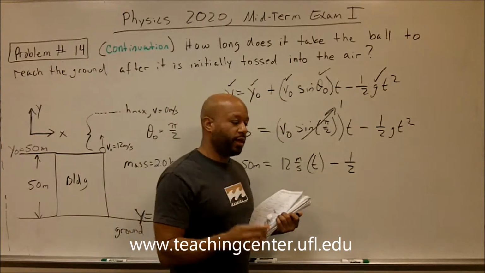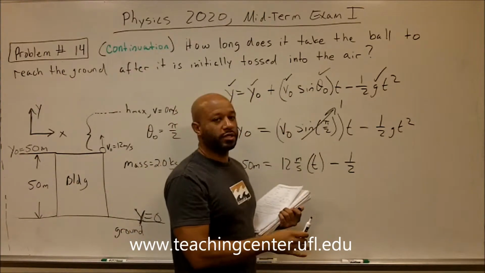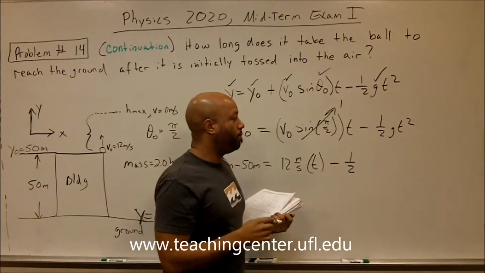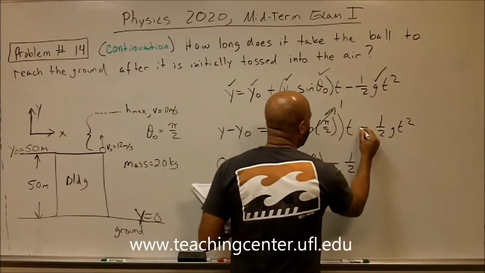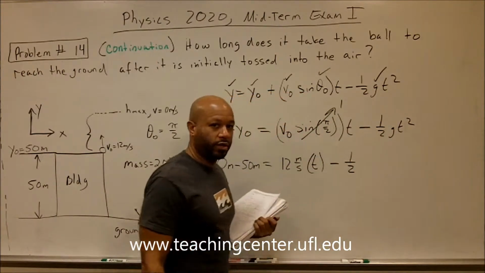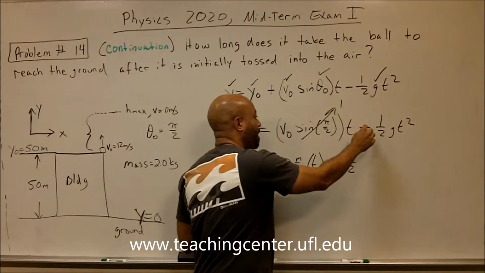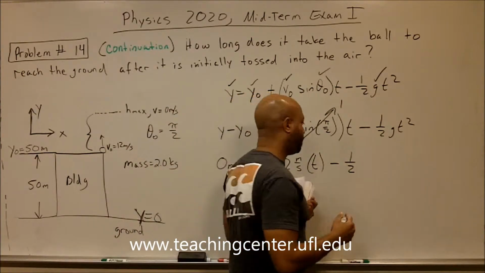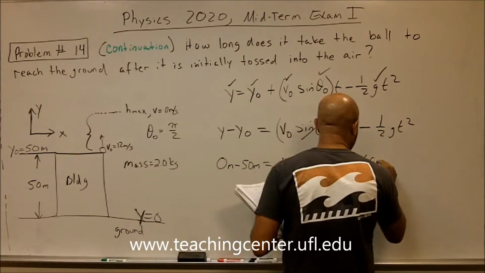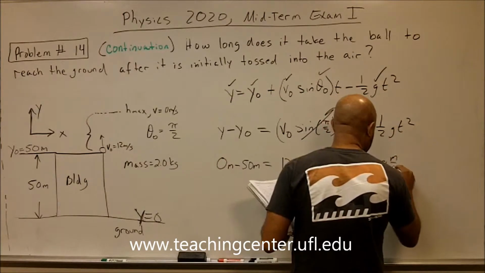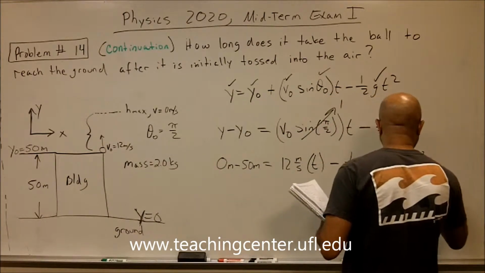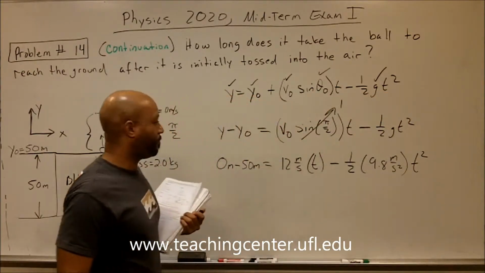minus 1/2 gravity. Gravity is actually acting to slow the object down, so gravity is actually negative, but the negative is already accounted for in this particular equation with the minus sign out here, and so all we need to do is substitute in for gravity, which is 9.8 meters per second squared times your time squared.